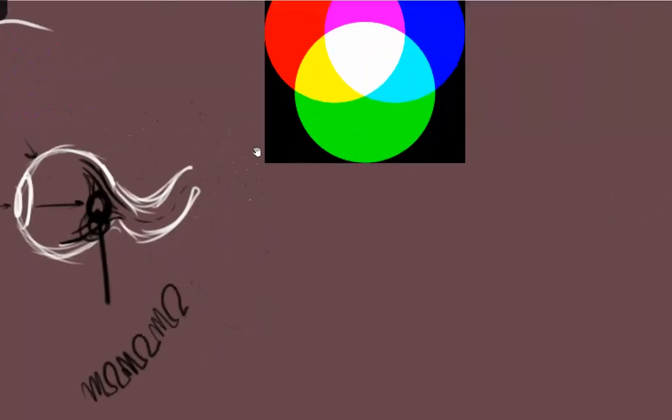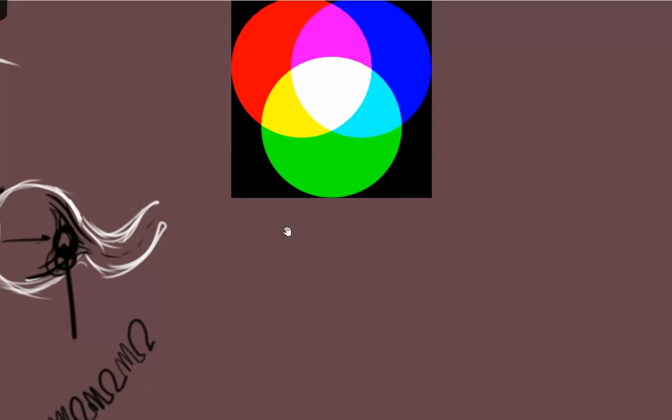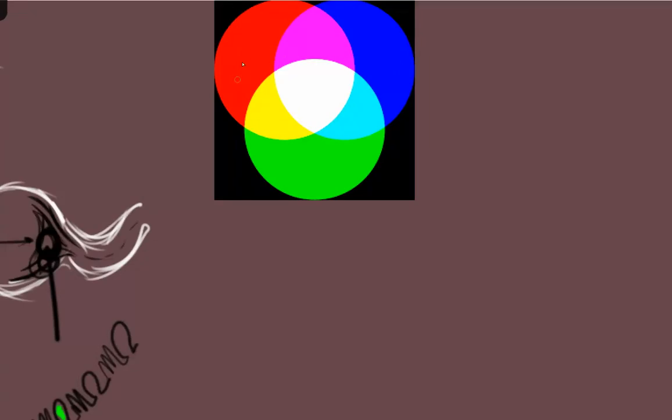And for every cone, it could be one of three colors. Like I said, it's going to be one of these main colors: green, red, or blue.